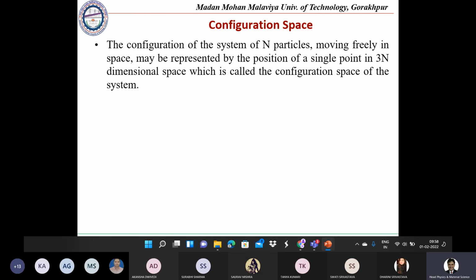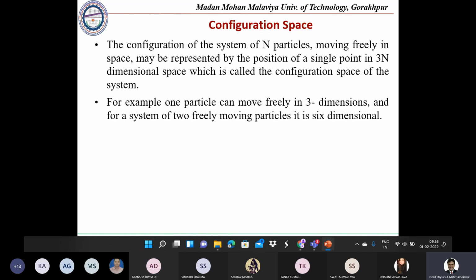लेकिन हम कह दें कि corresponding to all we are representing it by a single particle and that single particle has the liberty to move in the different directions, that is 3n, then that is known as the dimensional space, and that dimensional space is known as the configuration space of the system.